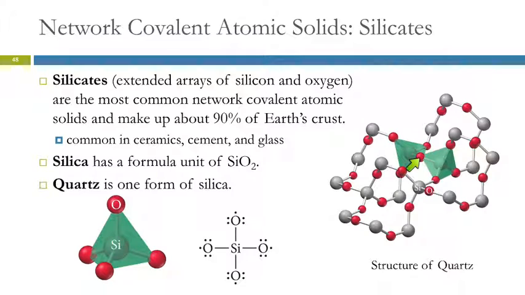But this oxygen is bonded to another silicon. So it's not SiO4 because these oxygens are shared with other silicons as well. So the overall ratio is 1 to 2, 1 silicon and 2 oxygens. And of course, these can arrange in different ways. Quartz is just one form of silica.